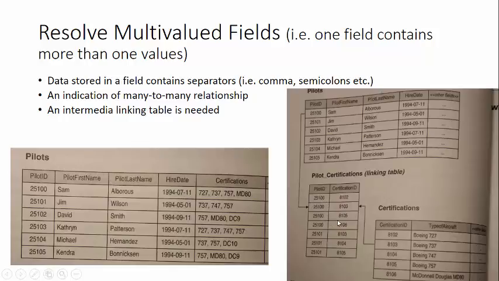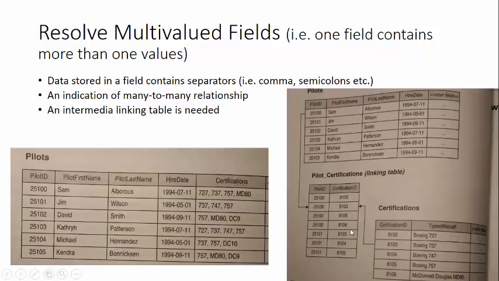In this particular one, for example, the pilot ID 25100 has 3 different certifications, corresponding to 3 lines within that table. And those are 727, 737, 757, and so on. So actually 1, 2, 3, 4 different certifications. By doing that, we separated the pilot and certification, and they are linked by a linking table.